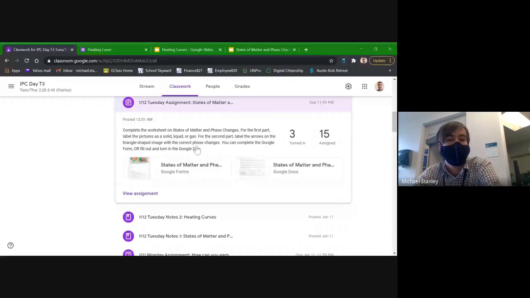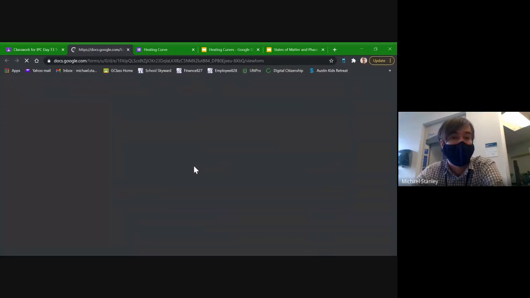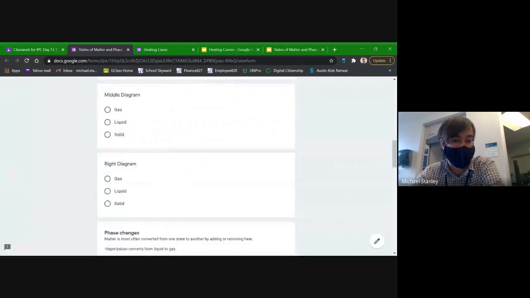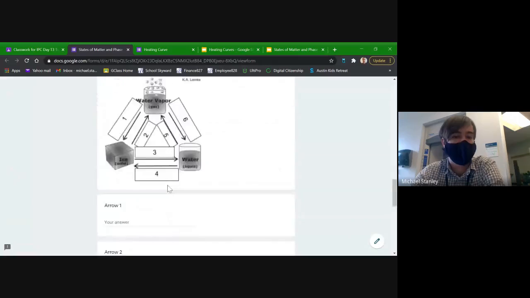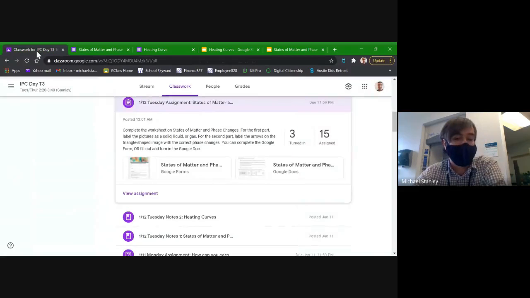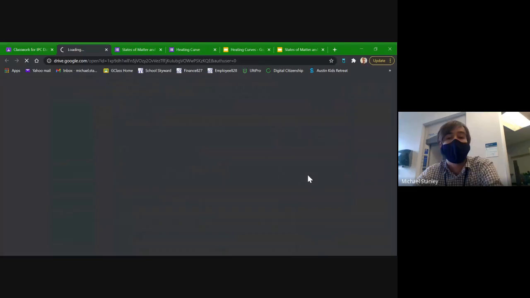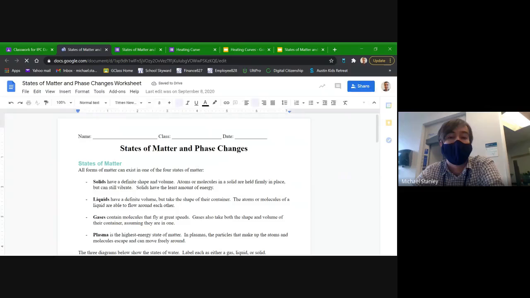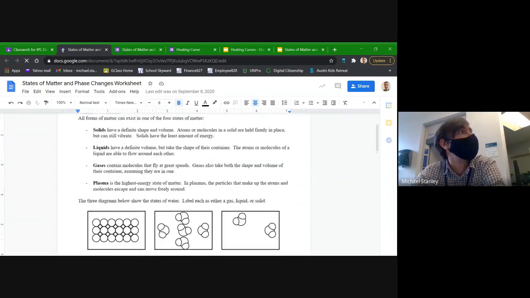Okay, Tuesday assignment. The Google Form version is the one I was showing you a little bit earlier, where it has the different questions and then the arrows that you label on the bottom. The Google Doc version is the exact same questions, just in a slightly different format, because I know some people like working in the doc more than the Google Forms.